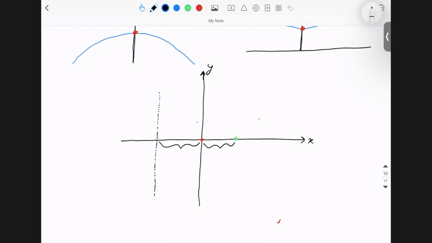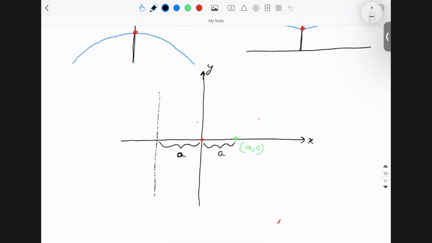Okay. So denote this distance by a. So what will be the position of this green point? The position of the green point will be (a, 0). And what about the equation of the straight line that is parallel to the y-axis and perpendicular to the x-axis?